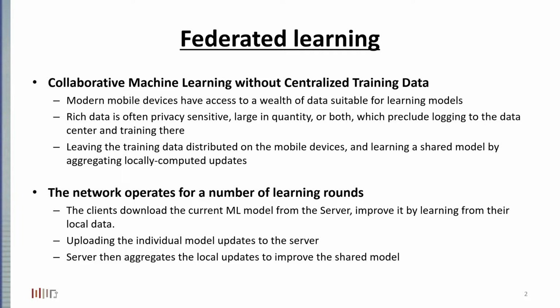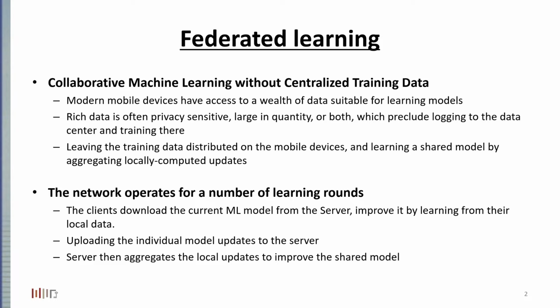Because of these reasons, the Google research team advocates an alternative that leaves the training data distributed on the mobile devices and learns a shared model by aggregating locally computed updates. And the network operates for a number of learning rounds as follows.